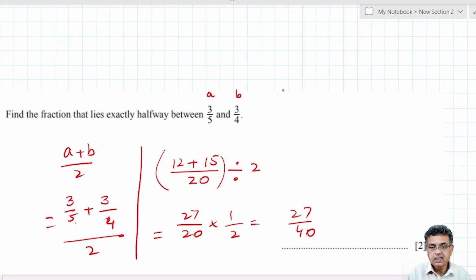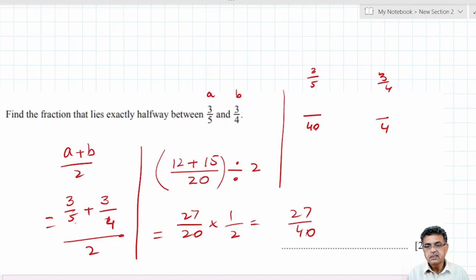Let's check it again in another way. If we make the denominators of these two numbers, 3 over 5 and 3 over 4, both 40, then 40 divided by 5 is 8, 3 eights are 24, and this one will become 30.